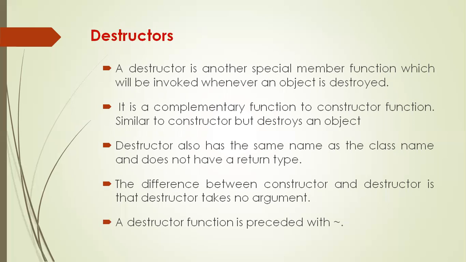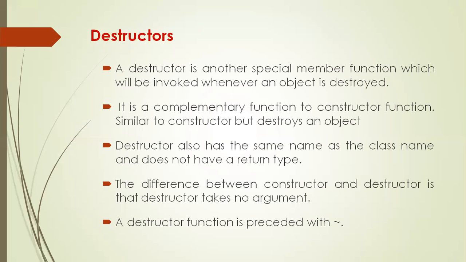There are some similarities between constructor and destructor. The first similarity is that constructor is a special member function, and destructor is also a special member function. Constructor has the same name as the class name, and destructor also has the same name as the class name. Then how does the compiler differentiate whether it's a constructor or a destructor, because both have the same name?